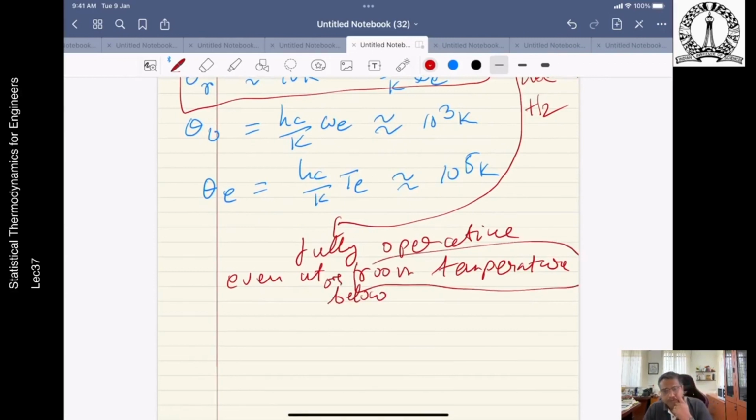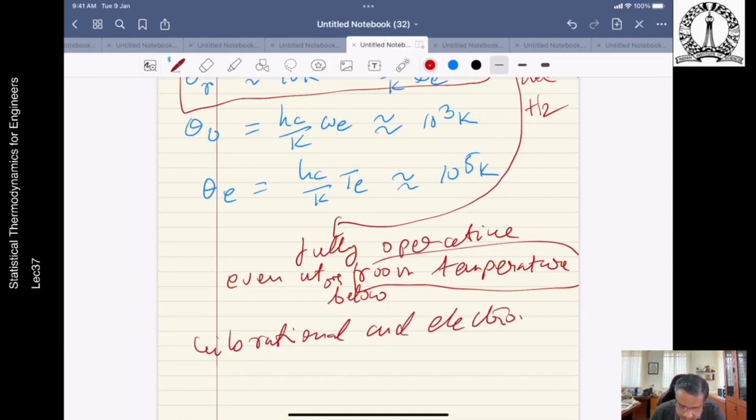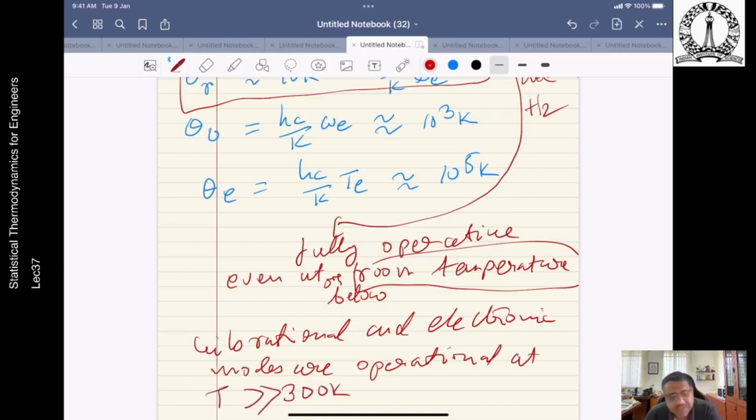While on the other hand, the other energy modes are 10 to the power of 3 K and 10 to the power of 5 K. So we find that the vibrational and electronic modes are operational only at temperatures considerably greater than 300 K, or much greater than 300 K. This observation is very important because we can now use it for the prediction of the thermodynamic properties.